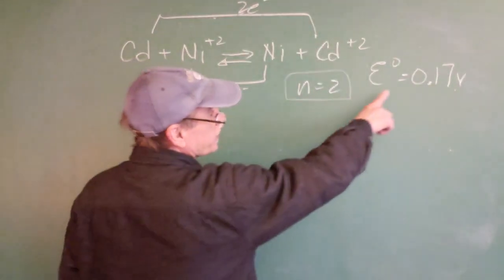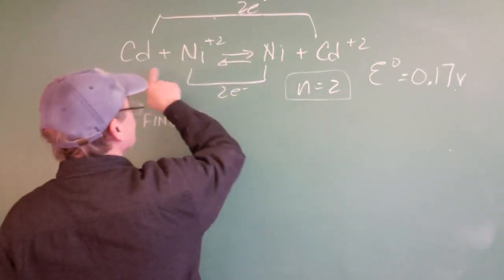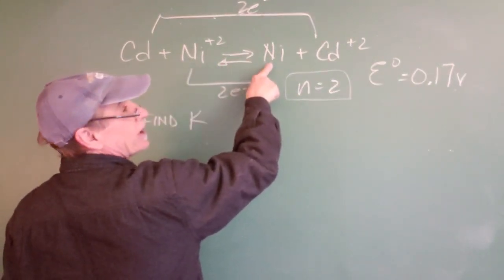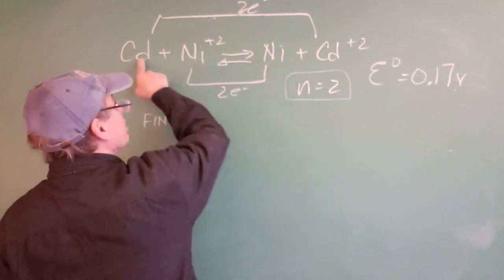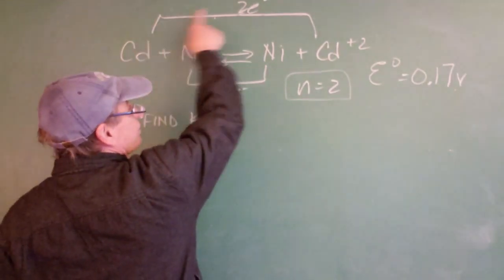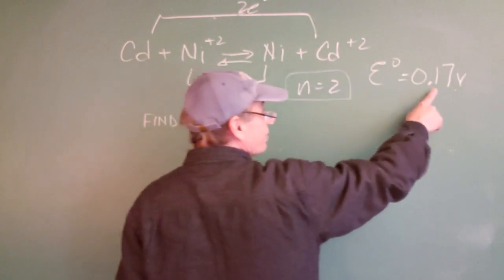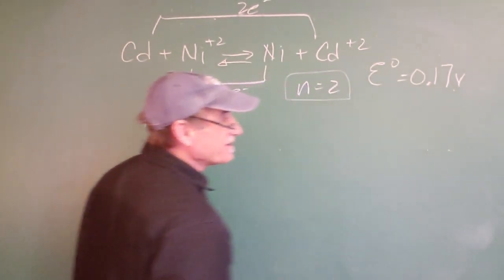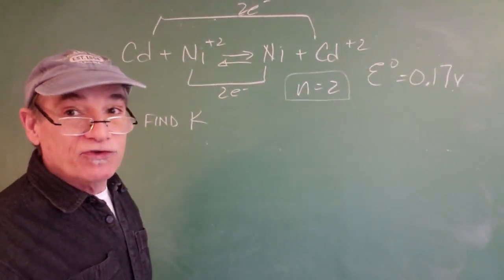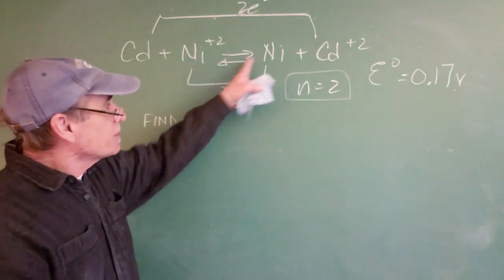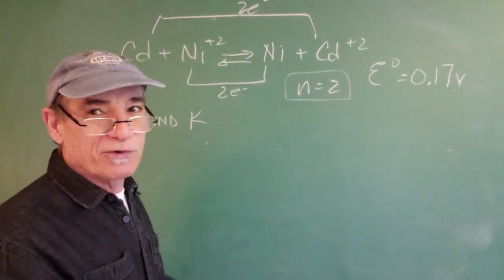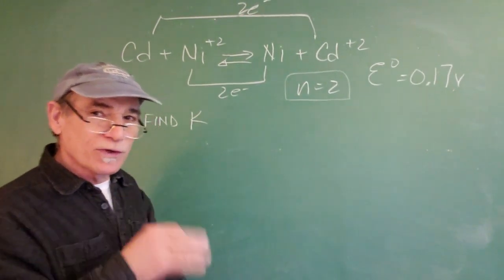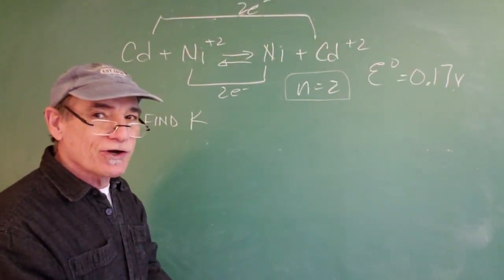The voltage, if you recall, when we looked up the reduction potential of the nickel, was a negative 0.23, but the cadmium was a positive 0.40, so it gave us an overall voltage of 0.17 volts. All right, so could we find that equilibrium constant? This battery will run forward probably for quite a while before it reaches equilibrium, so its equilibrium constant would probably be kind of large.